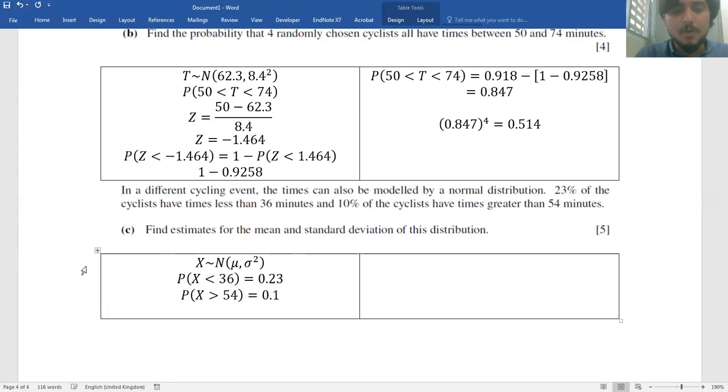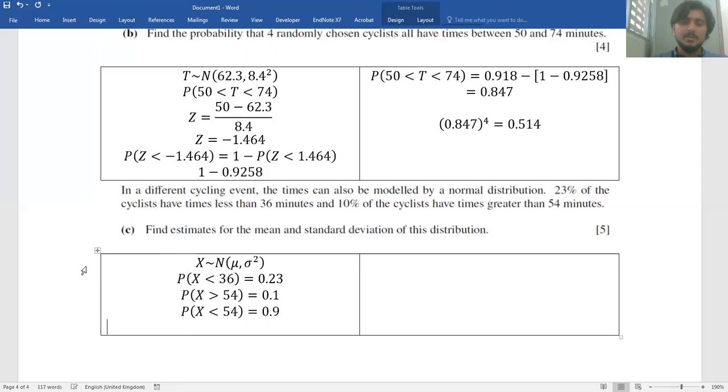Now we know that 54 will lie somewhere on the right of the mean, and the probability that it is greater than 54 is 0.1. The probability X is less than 54 will be 0.9. These values can also be read through the normal distribution table. And when we do that, the z value that we get is 1.282.